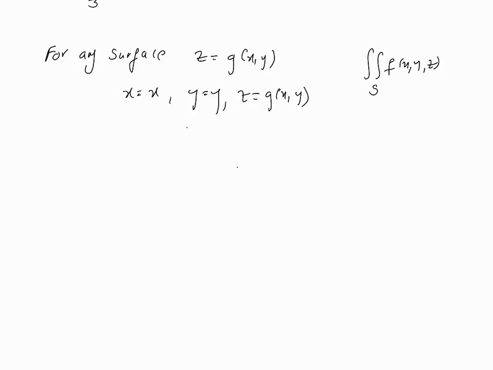Okay, so in that case, our R is like this: x, y, g of xy. If I were to calculate Rx, for instance, it would just be 1, 0, partial g by x, and Ry would be 0, 1, partial g by y.